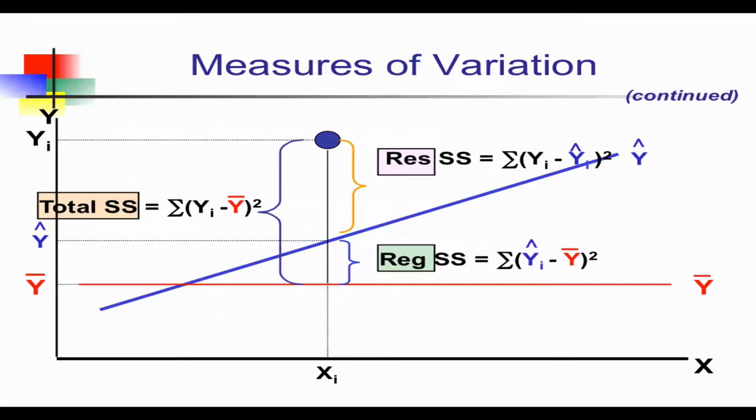This proportion is a very important metric to evaluate how strong the linear relationship is. If this proportion is bigger, that means you have strong evidence towards a linear relationship. If this proportion is very close to 0, then you have little evidence of a linear relationship.